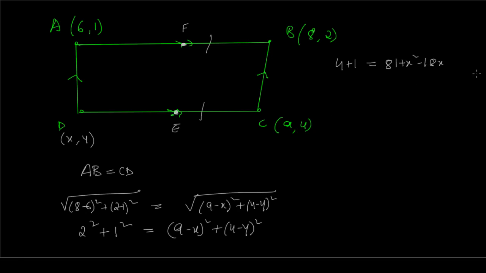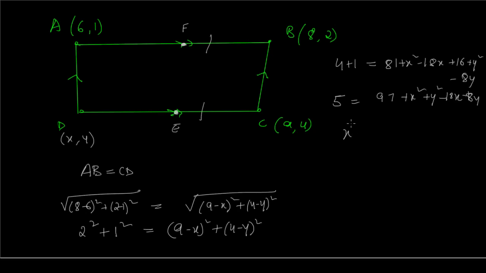Plus 16 plus y square minus 8y. So now solve it. You'll get 5 is equal to 81 plus 16 will be 97 plus x square plus y square minus 18x minus 8y.